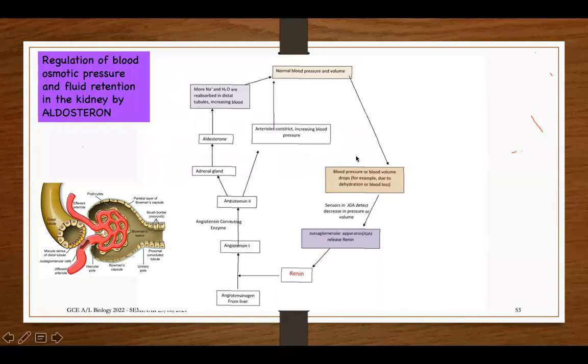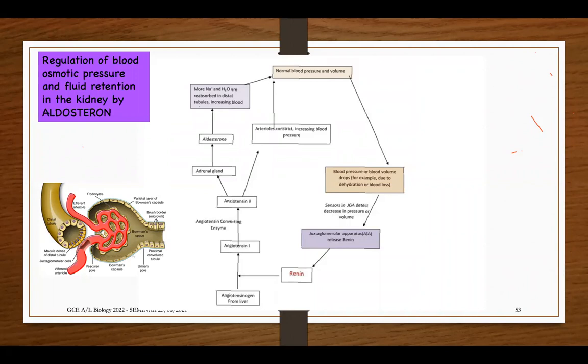Now, when the blood pressure drops in the body, either because of dehydration or blood loss, you have to start from the point where blood pressure, if you are asked to write an essay, you have to tell the normal blood pressure of a healthy adult is 300 milliOSM per liter. But due to an accident or heavy loss of blood or dehydration, blood pressure or volume may drop.